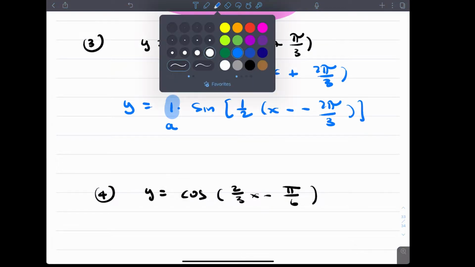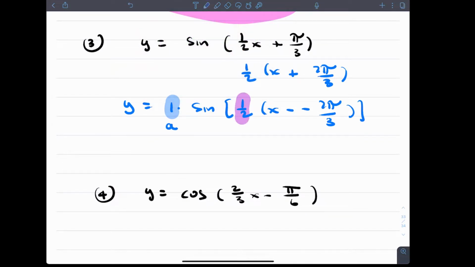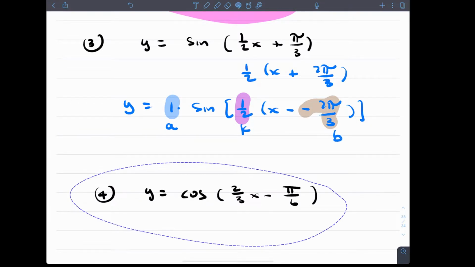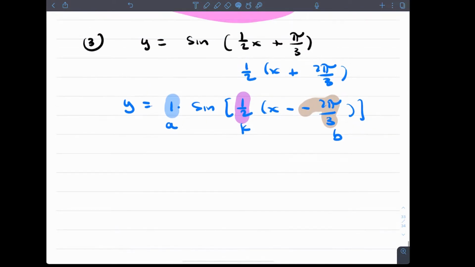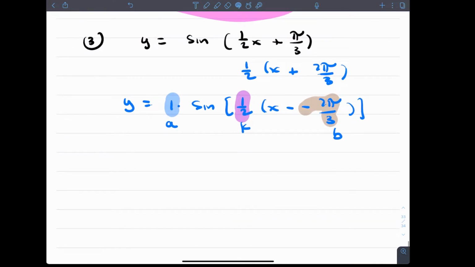A, what's this? K. And then this is what? B. Okay, you ready to write this stuff down?